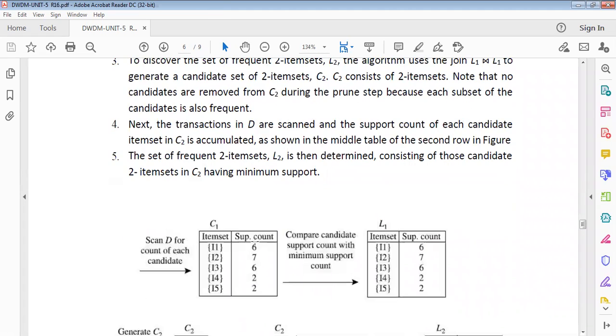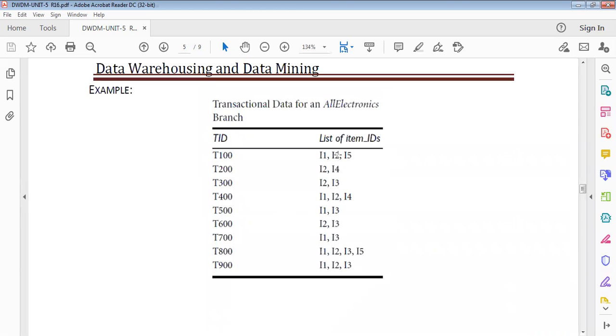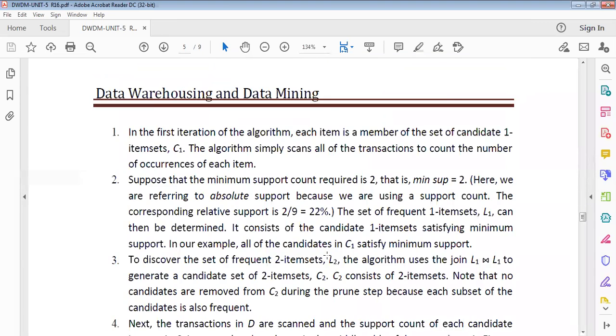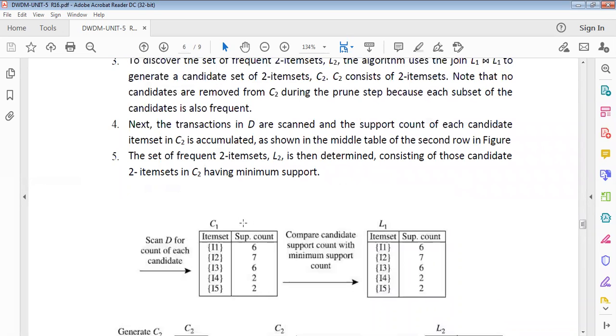That is the support count. Next, how many customers purchased I2? I2 is purchased by 1, 2, 3, 4, 5, 6, 7, so 7 people purchased I2. In this way, I3 is 6, I4 is 2, I5 is 2. Check all their support counts.